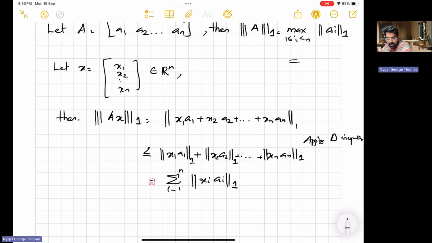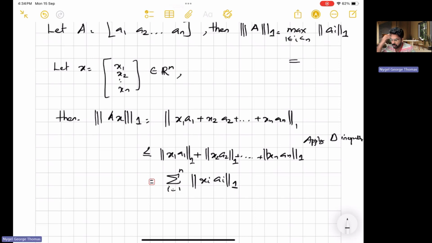Now, we have a norm and xi. Xi is some scalar, right?